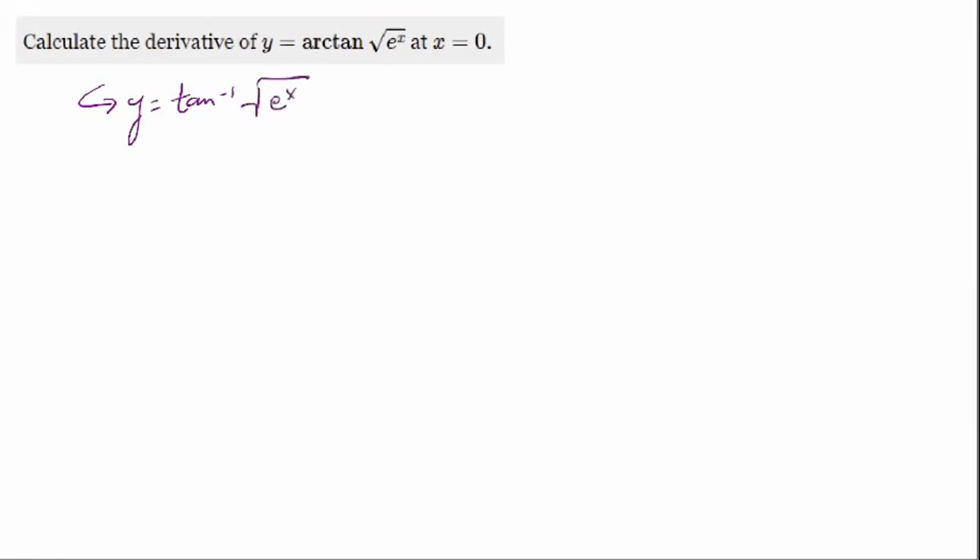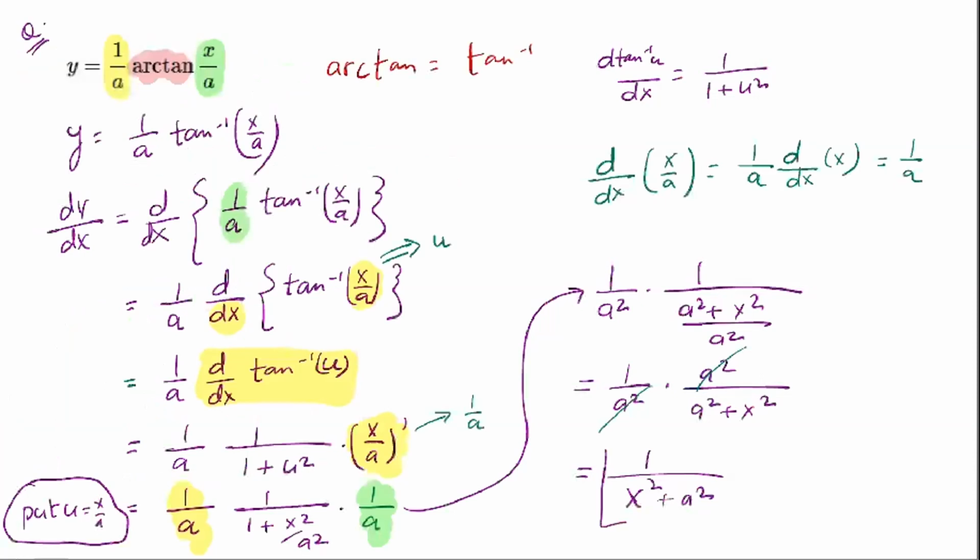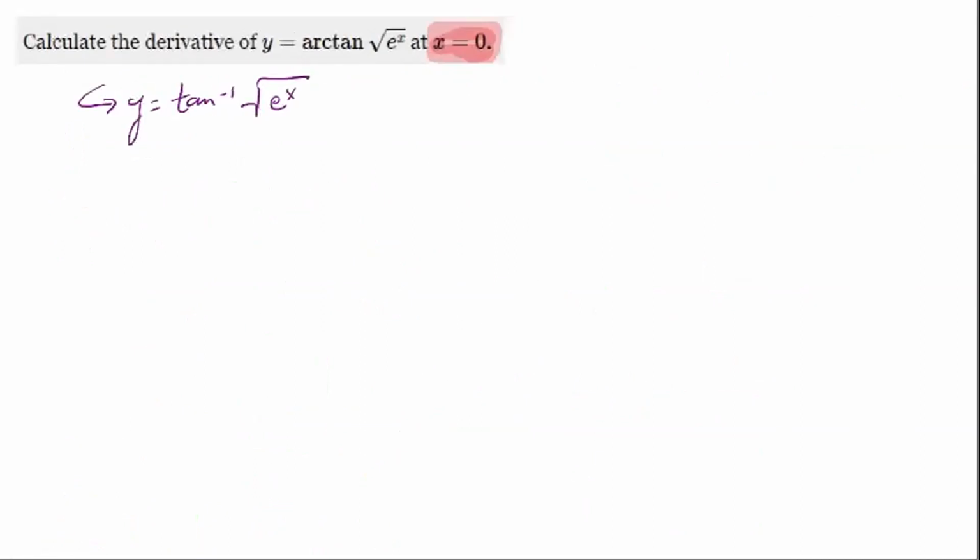The unique thing about this problem is it also gives us a value for x equals 0, so we need to do something after we get the usual answer. They give us some initial or boundary conditions, so we have to take care of that too. I'm going to show you how.